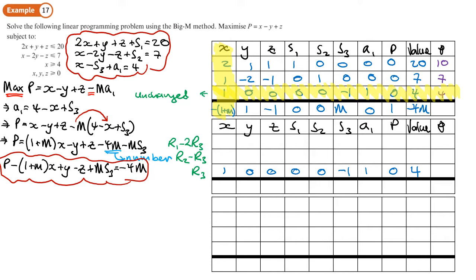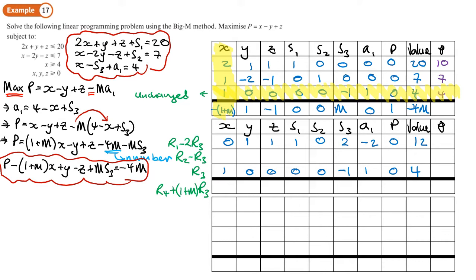And then for the bottom row, row 4, we need to add, because we've got a minus here, add 1 plus m lots, the coefficient lots of R3. So then let's now fill that in. The top row now becomes 0, 1, 1, 1, 0, 2, negative 2, negative 2, 0, and 12.